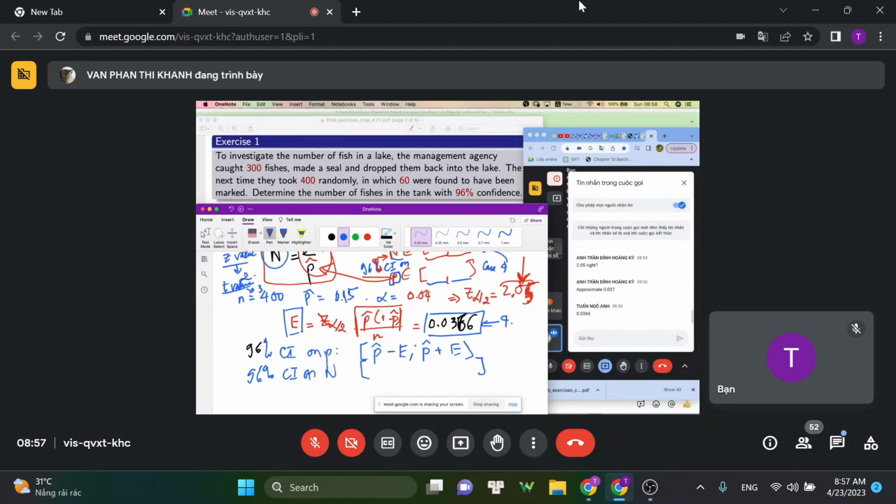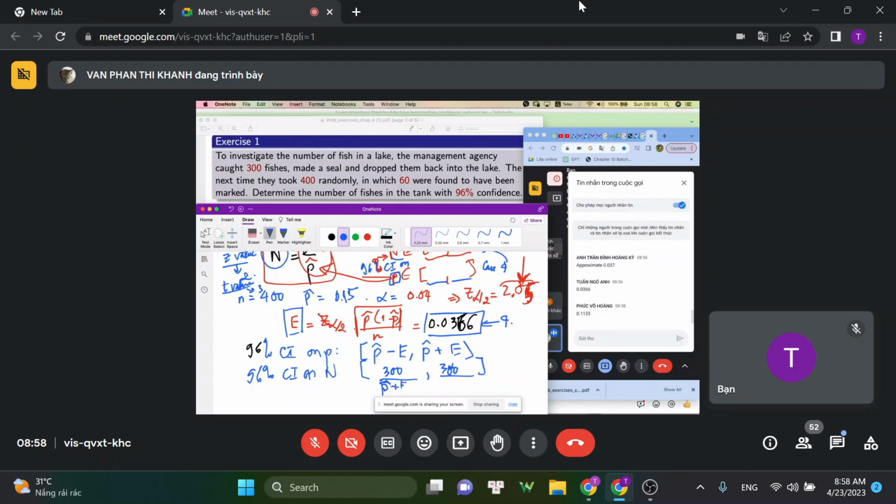So what is the lower bound of N? Is it 300 over what? What is the lower bound? P hat plus E, or minus E, class? Plus or minus E? Plus.